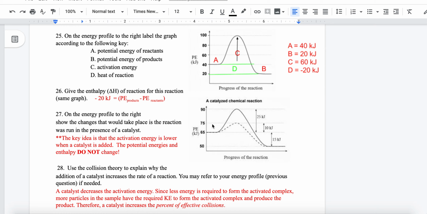So be careful for questions like this. Think back to our gas laws unit when we had to explain the behavior of a gas according to kinetic molecular theory. You have to make sure that you're explaining the explicit part of the theory that's being impacted by this particular change. So when we add a catalyst, this decreases the activation energy.